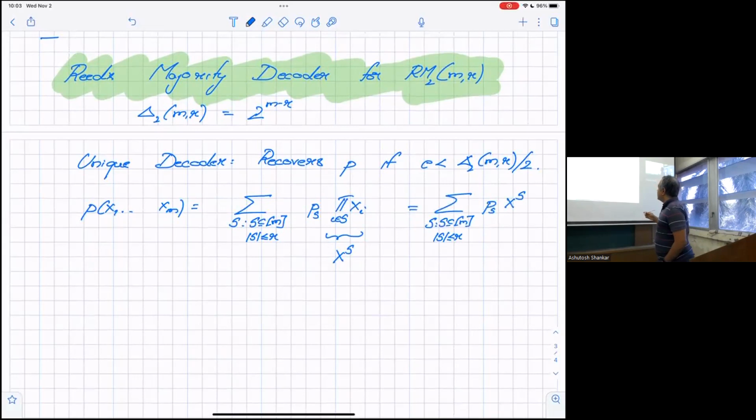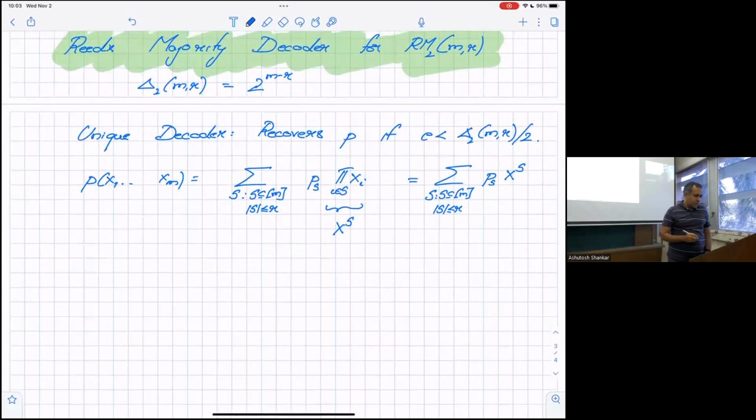And extracting p is the same as extracting all these coefficients p_S. So what we would like to do is try to extract the coefficients out of the polynomial. So let's recall some nice facts about these. Suppose we look at x_S, and I sum this, but I evaluate.